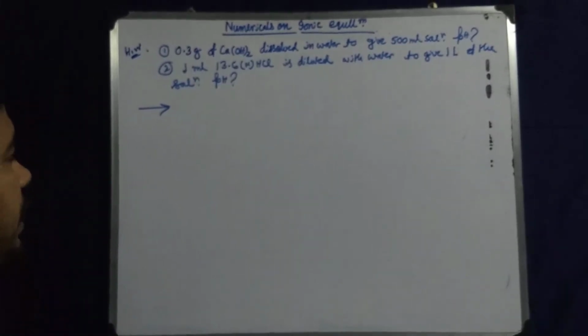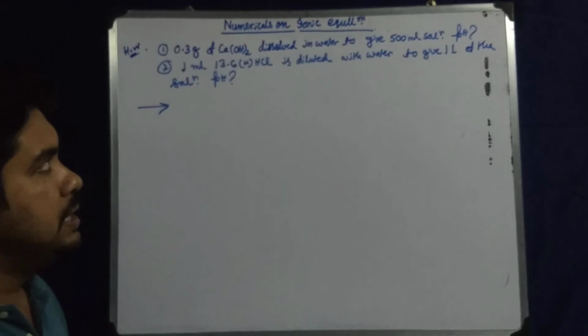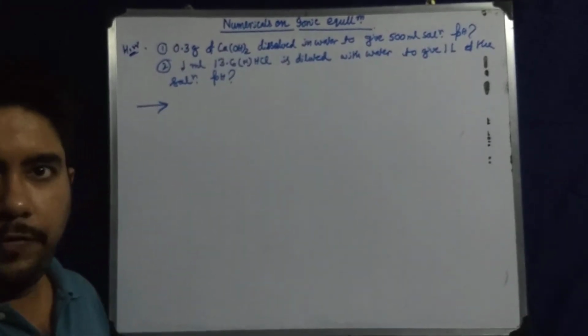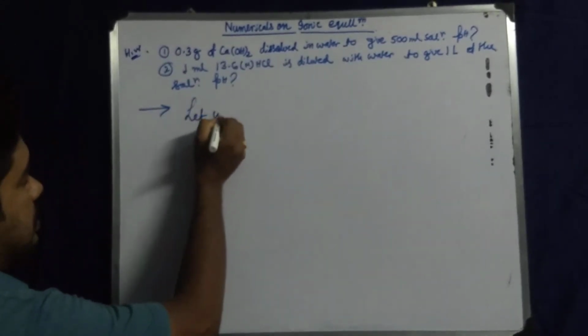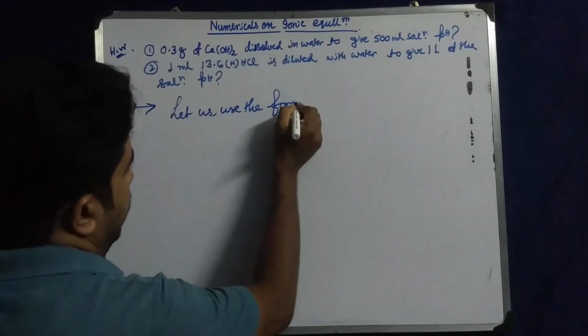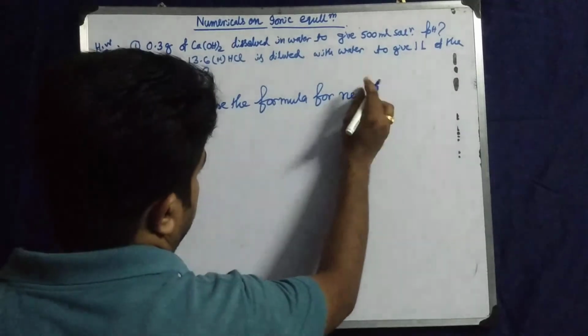So what is the case over here? 1 milliliter 13.6 molar HCl is diluted with water to give 1 liter of the solution. So obviously what we will do? Let us use the formula for neutralization.